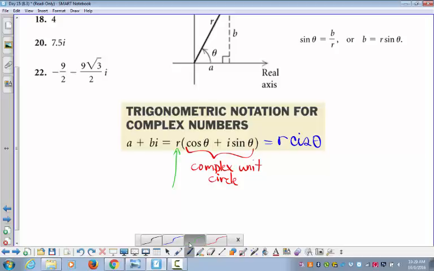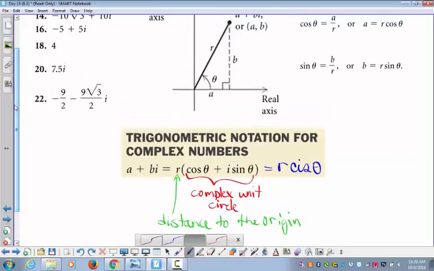So that right there, that r is distance to the origin. So r CIS theta, r times the quantity cosine theta plus i sine theta, those two are always the same. It's always theta. It's not theta 1 and theta 2. It's theta and theta. Those match. Those angles are always the same.